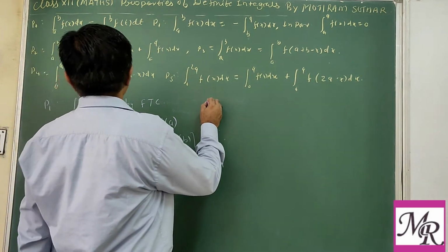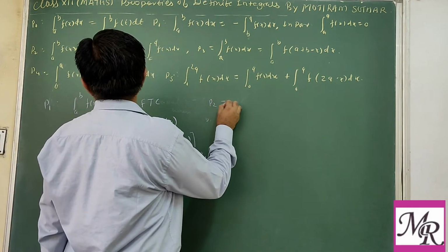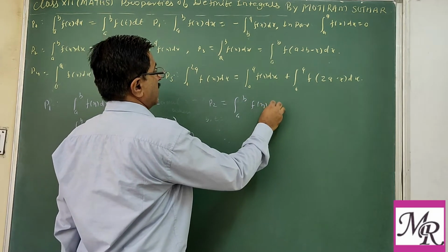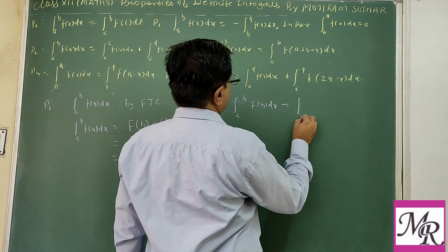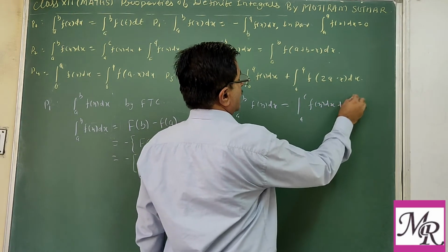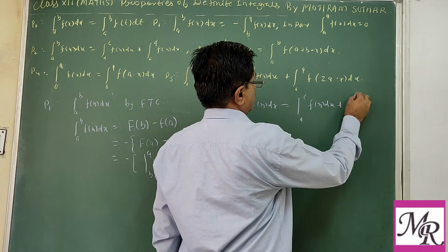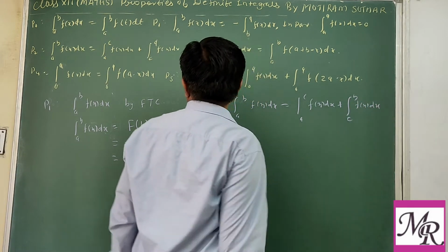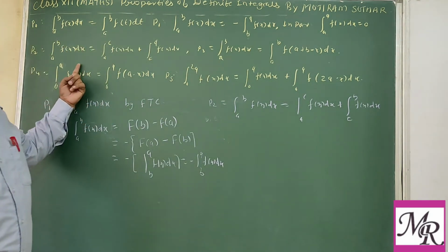Then property P2: the integral from a to b of f(x) dx should be equal to the integral from a to c of f(x) dx plus the integral from c to b of f(x) dx. This means you can break the limits into two parts.